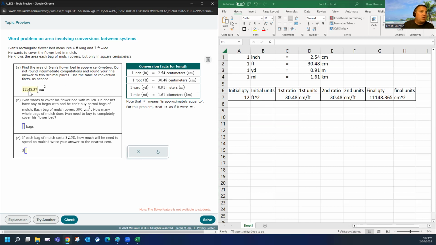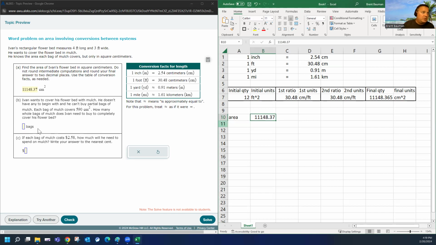So that's our area in centimeters for the flower bed. Okay. So we have an area of 11,148.37. Okay, so I'm just going to round it there since that's the value that we used here.